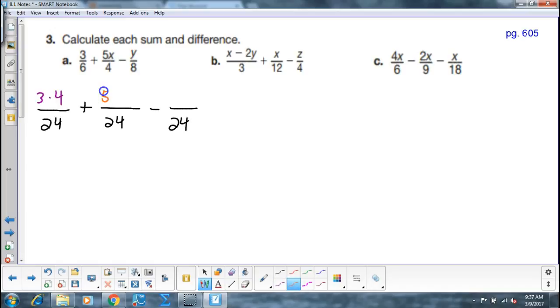So I got to multiply 5x by 6. 8 times what gets me 24? 3. So I've got to do, oops, I put it in the wrong spot. So I've got to multiply y by 3.